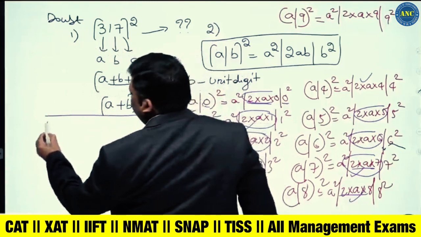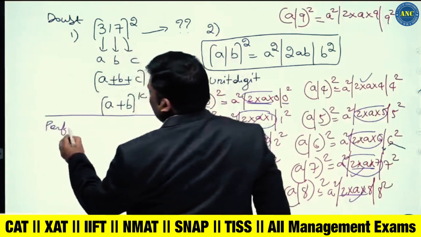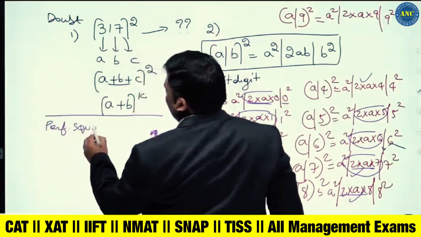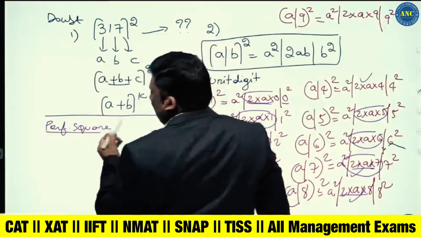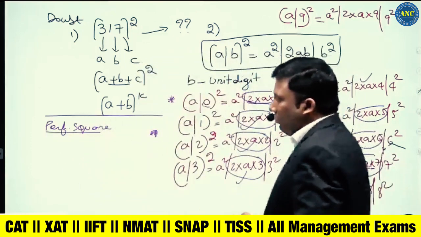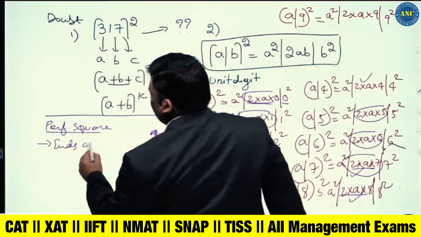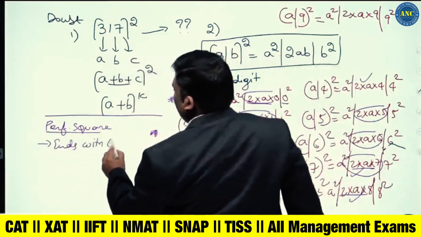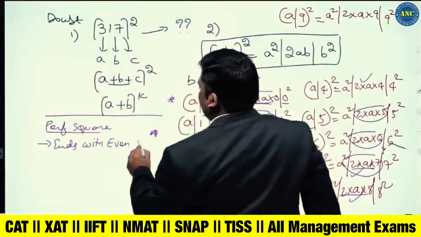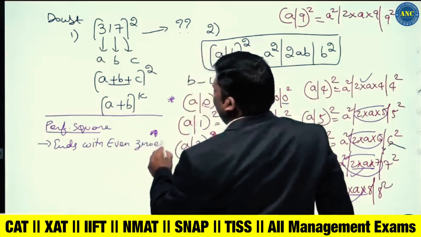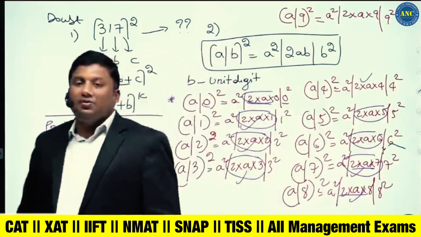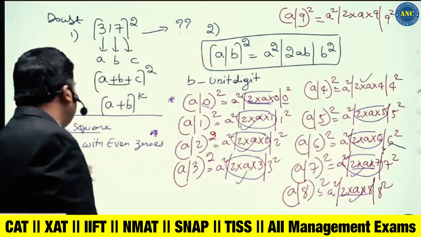Now see here, a perfect square. What are some of the very important properties of a perfect square? The first one: a perfect square always ends with an even number of zeros. I hope the idea is clear.